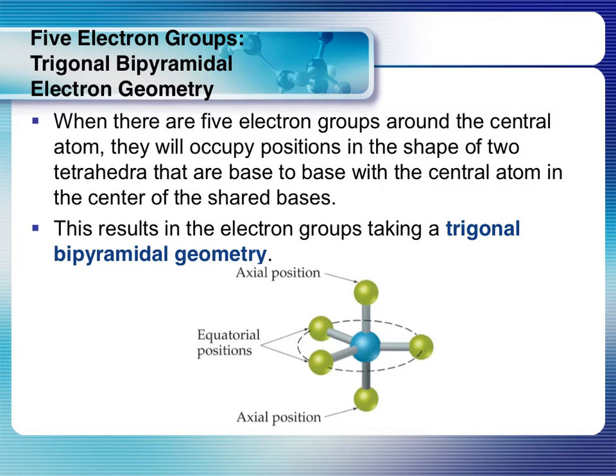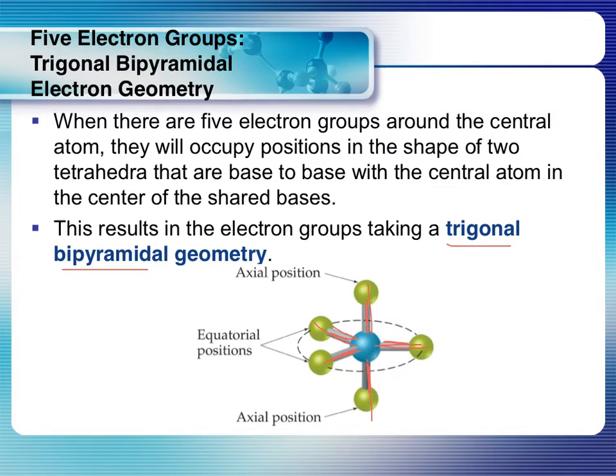All right, so when you have 5 areas of electron density, or 5 electron domains around a central atom, the electron domain geometry is called trigonal bipyramidal. This one is probably the trickiest one. Make note of how you draw it. You draw 3 of the domains coming out from the side or equatorial type position, and then one straight up and one straight down.